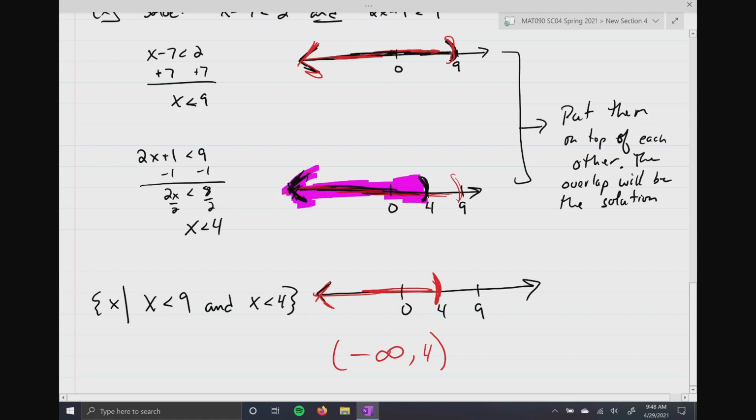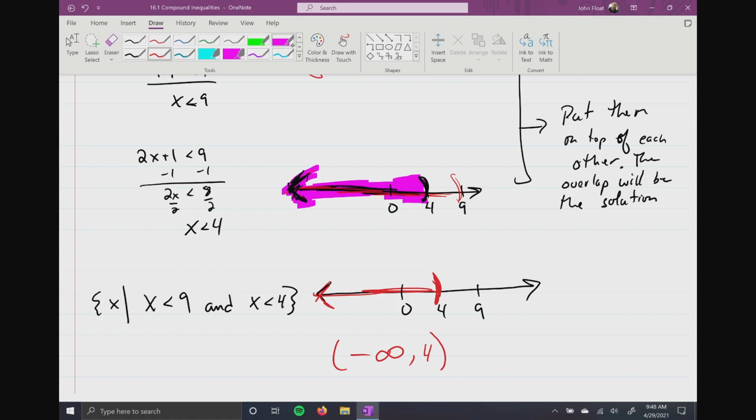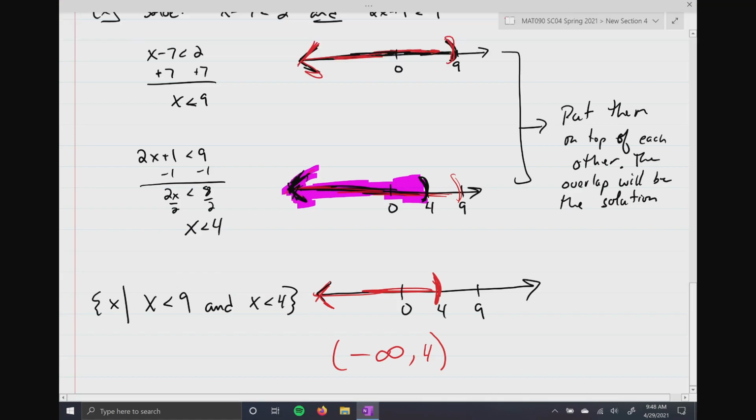Pick a number that is inside the shaded region, substitute it in. It has to satisfy both. If it does, you know your shading's correct. What number is in the shaded region that I really like? 0. Yes. Whoever said 0 is a genius. I always choose 0 if it's available.